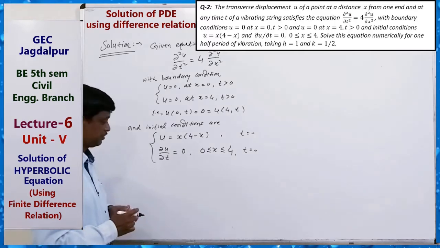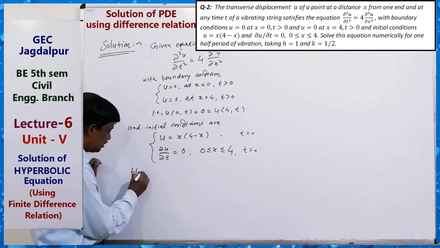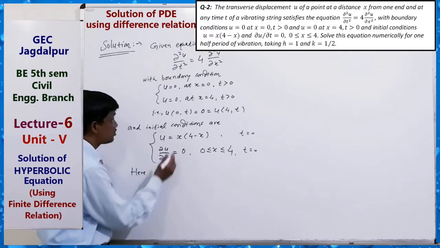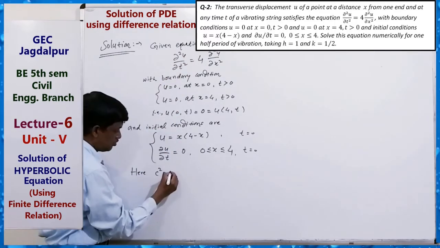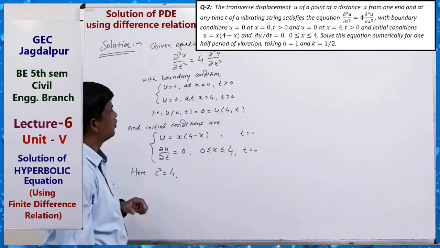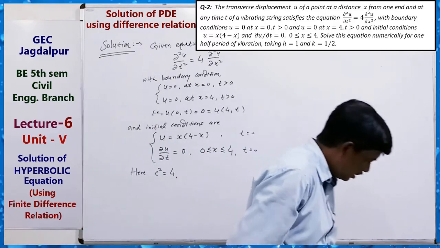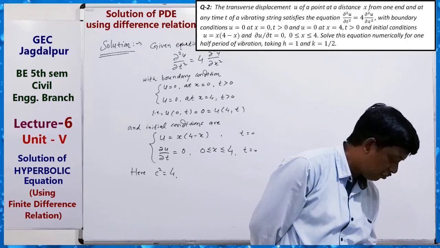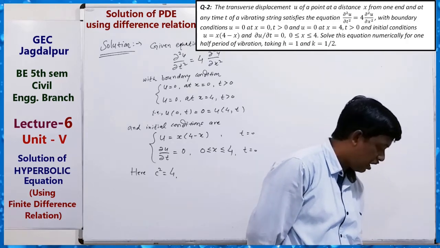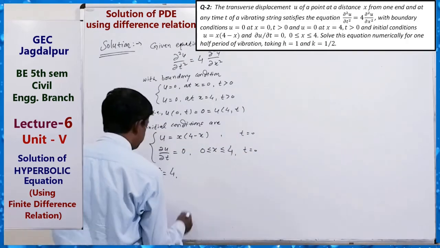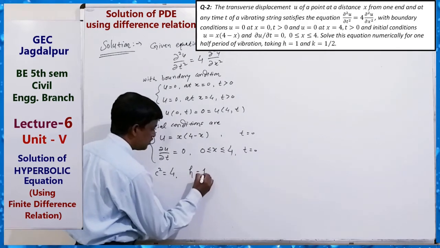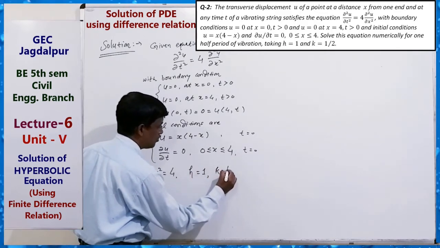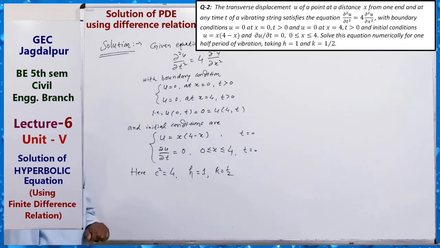Okay, so here c square equals 4. And here, also solve the equation numerically for half period of vibration, taking h equal to 1 and k equal to half. We are given h equal to 1, k equal to half.